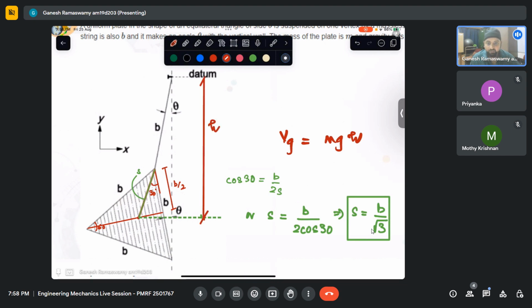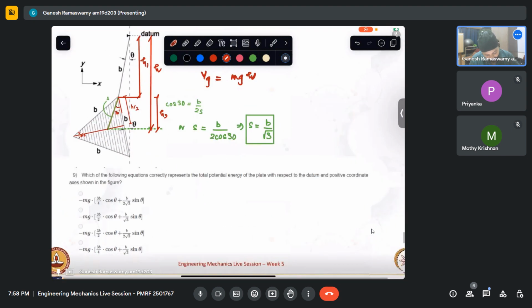Now I can divide that into two components. I can say this is h1, and then the rest of the distance I can call that h2. So essentially h is h1 plus h2.